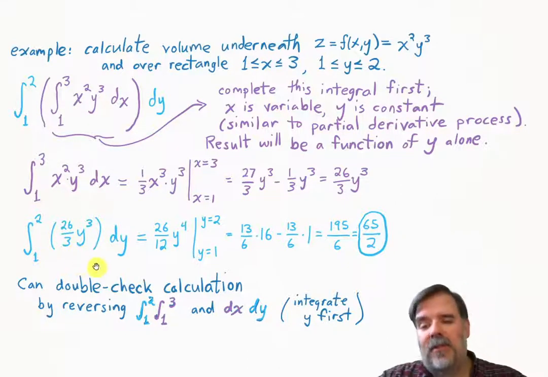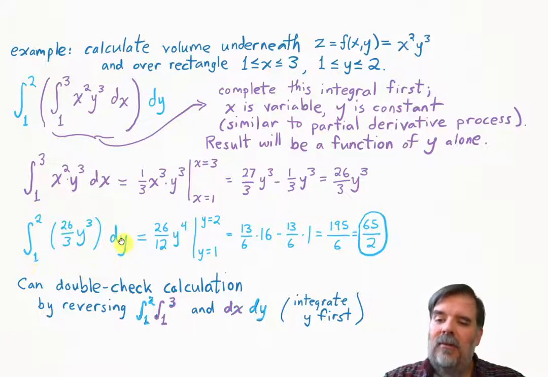And now this becomes a single variable calculus problem. There's just one variable left. So we want to integrate this. According to the power rule, we add 1 to the exponent, and we divide by the new exponent. So the antiderivative is 26 over 12 y to the 4th. We need to evaluate this from y equals 2 to y equals 1. So first plug in 2, and also reduce the fraction while we're at it.